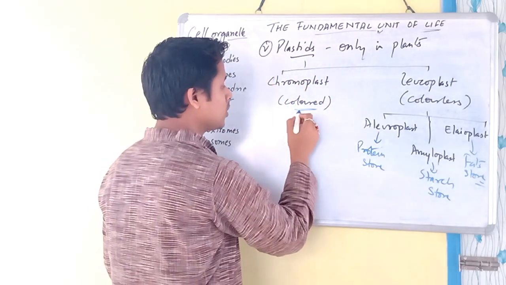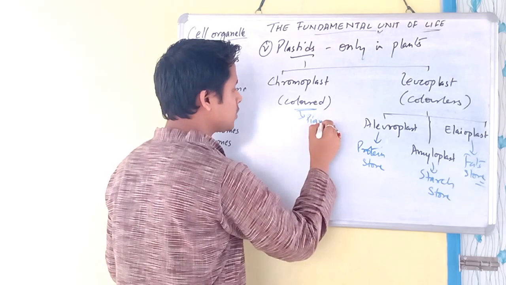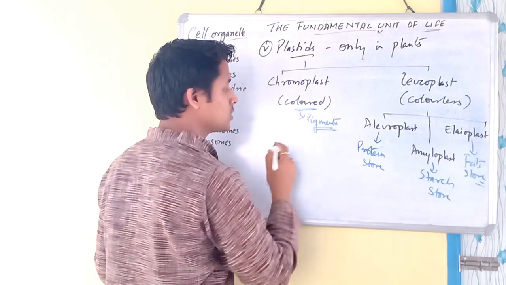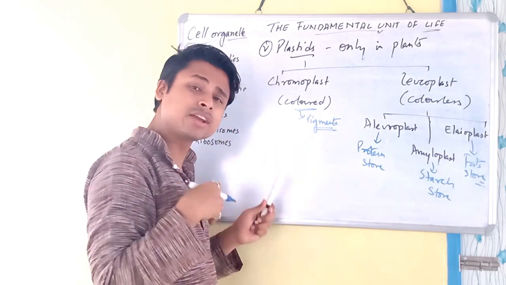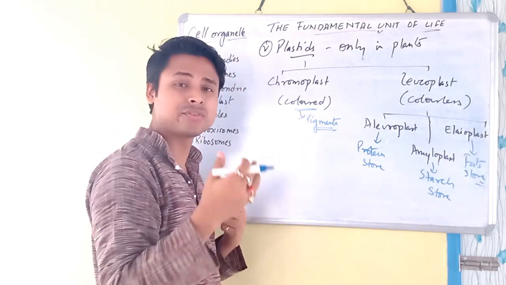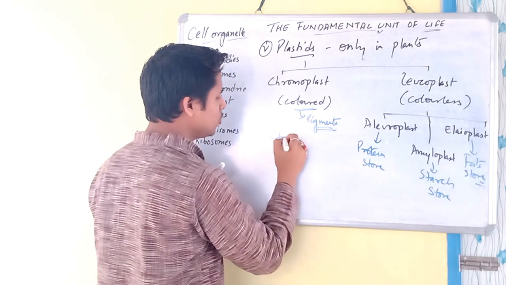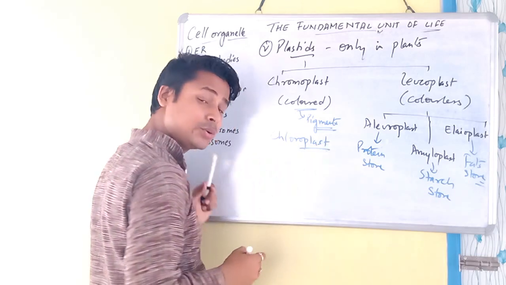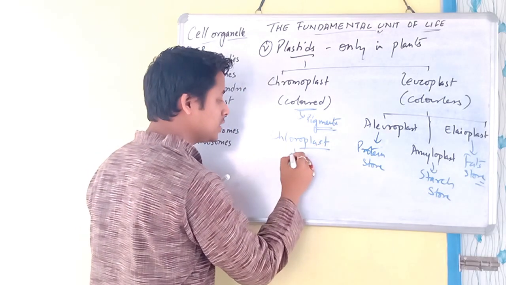As it is colored, that means it contains pigments. This chromoplast is colored, that's why it contains pigments. And as per the different colored pigments, it is classified again. Now, a very common one which we know is the chloroplast. You know about chloroplast, and what pigment does it have?